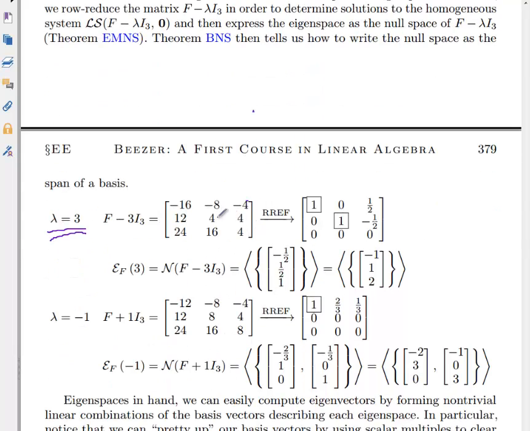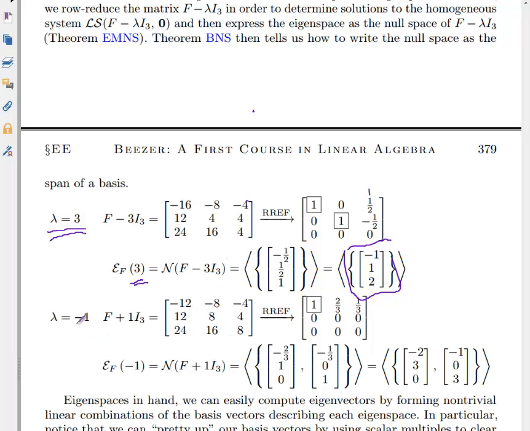Okay, and this is what we've done before. You row reduce, here you have a free variable, 2 pivots. You can set your free variable equal to 1, and then you get the other 2 variables. So here's my null space. That's going to be my eigenspace corresponding to eigenvalue 3 for the matrix A.